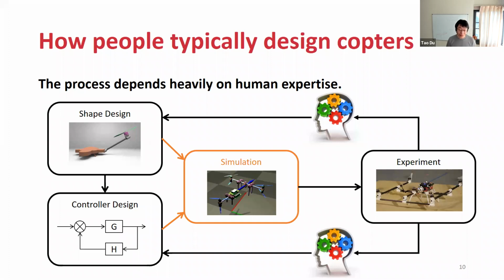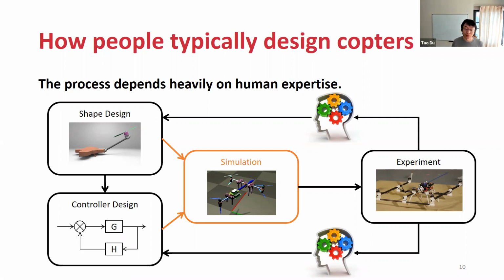Then probably in the very first prototype, we will see some suboptimal designs and some discrepancy between what the simulation predicts and what people observe in the real world experiment. And then here comes the human expertise.